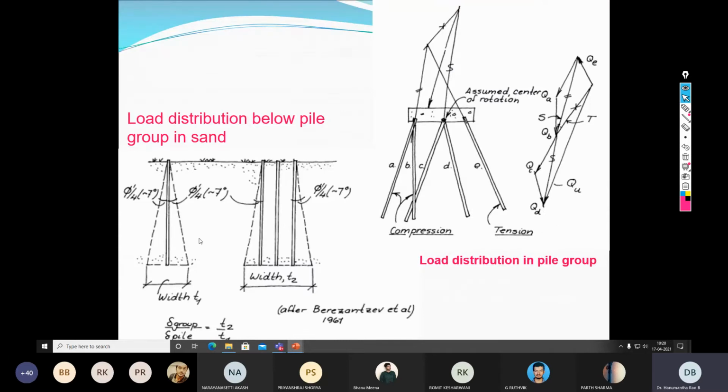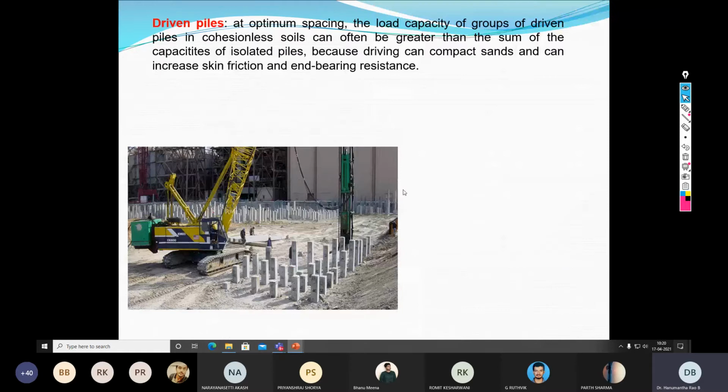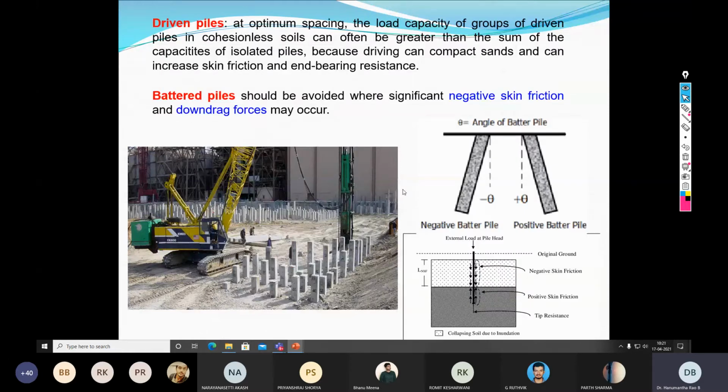This is the load distribution again in case of sand. Then we also try to understand some more information about the pile group efficiency in driven piles, especially if the driven piles are used in cohesionless soil, that is sand.